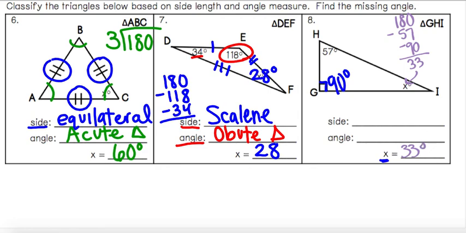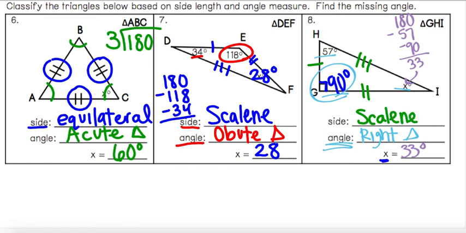When I look at all of these, the 90 degrees tells me that based on the angles, this is a right triangle because I have one right angle within the triangle. I also notice that all three angles are different, which means all three of these sides, notice how I drew different hash marks, indicate different lengths. So again, that'll be a scalene triangle because they're all different.